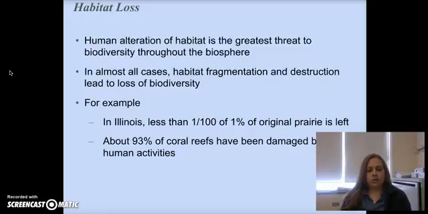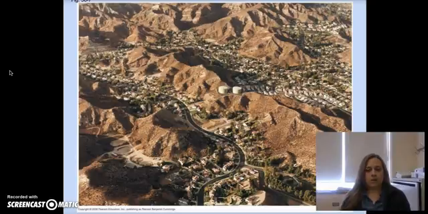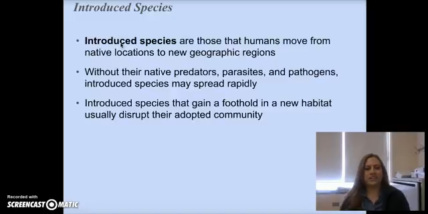And then if you wanted to look in other areas, coral reefs are another really good example. So about 93% of coral reefs have been damaged by human activities. Here we are again looking at just human impact. So you're not supposed to have these wonderful little roads and all these homes running through mountain ranges like that.